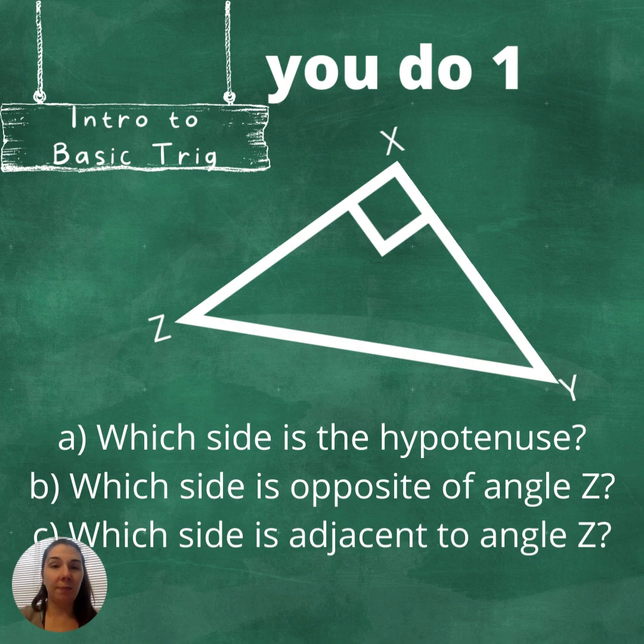In this problem, I gave you triangle ZXY, and I want you to identify which side is the hypotenuse, which side is opposite of angle Z, and which side is adjacent to angle Z. And remember, I'll post a separate video from this, giving you the answers and explanations. You can always pause it so you can see the questions longer. That question I made up myself, but the next 3 problems I got from Kuta Software.